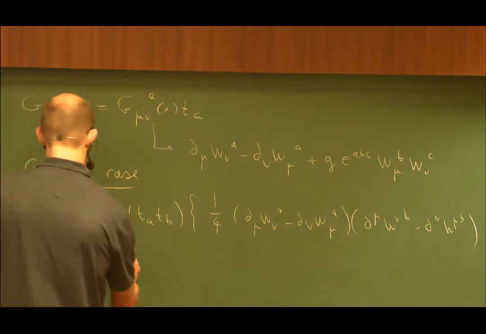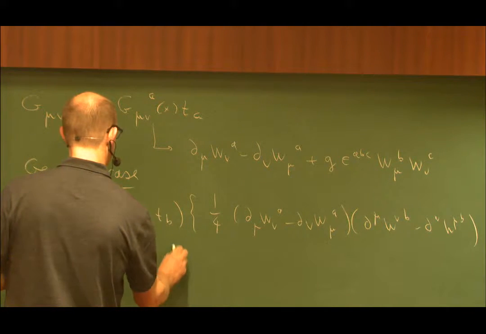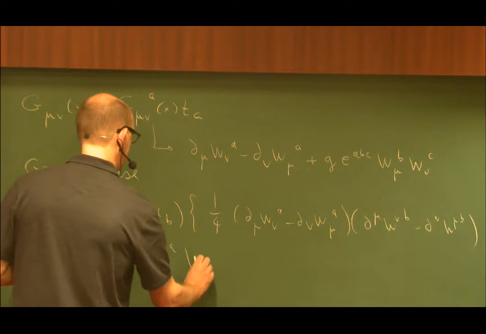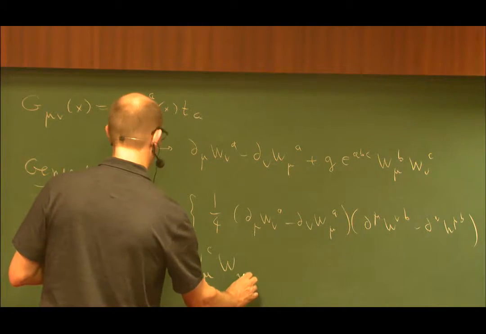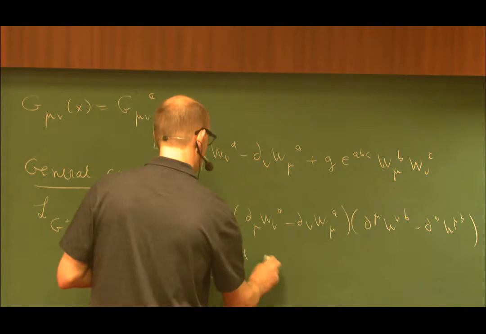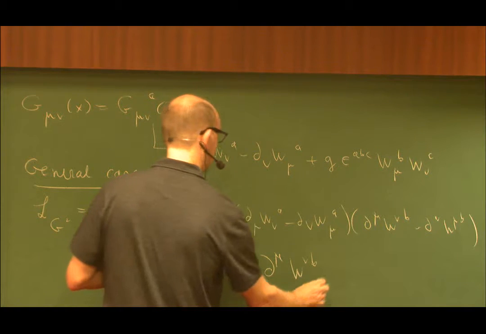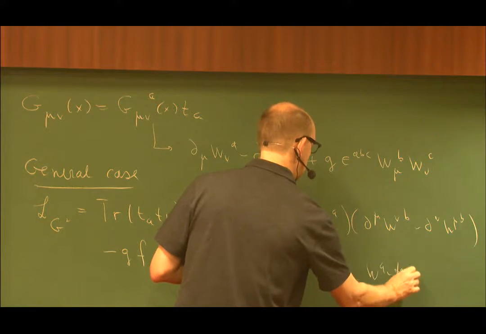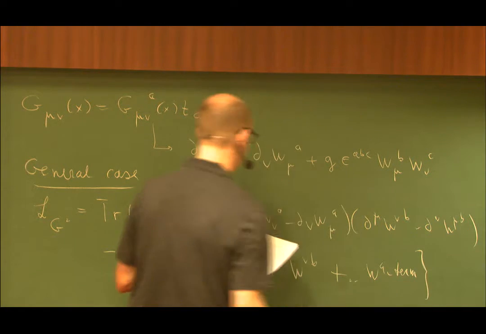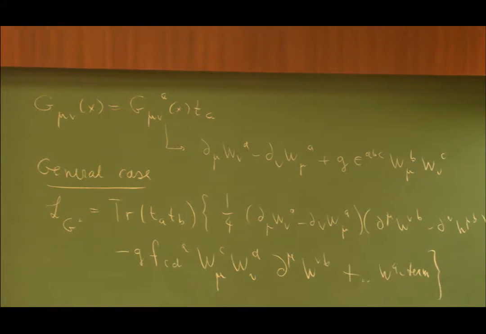And then we have minus g f^{CDA}, I'll move out of the way in just a second, ∂_μ W_ν^B, plus the W to the fourth term. So all of that is in the g squared term.